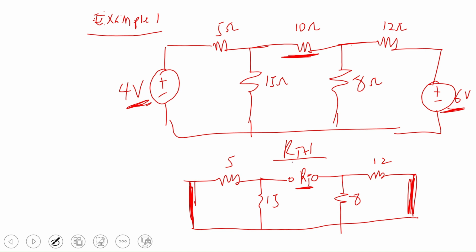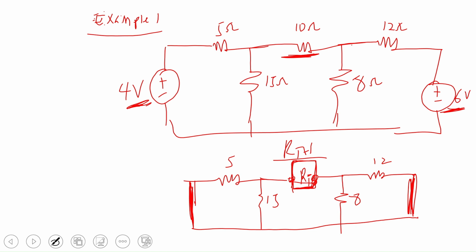So to help students, most of the time we assume that RTH is the resistance we are finding here. So I draw a box there, just to close up the place so that you know it's not open. Actually, Thevenin says RTH is the resistance seen at that terminal. What it means is that if you look at this terminal, the total resistance you see is the RTH. So always fix RTH there to close up the place so that you know the place is not open.